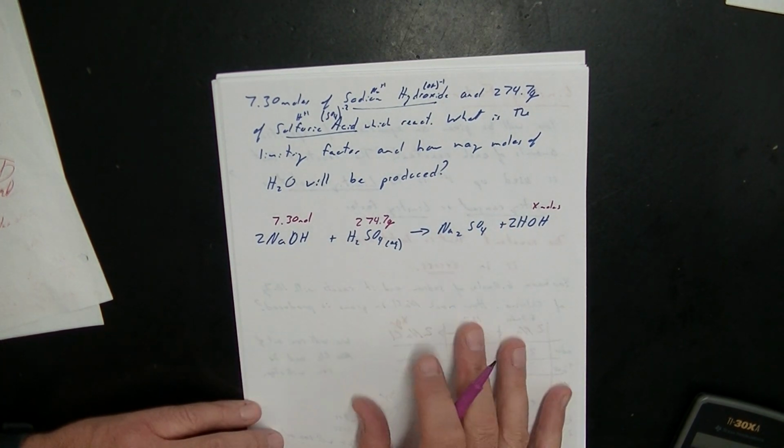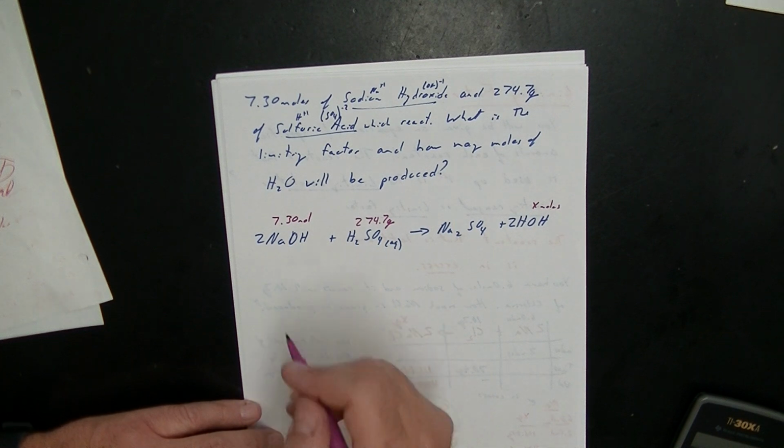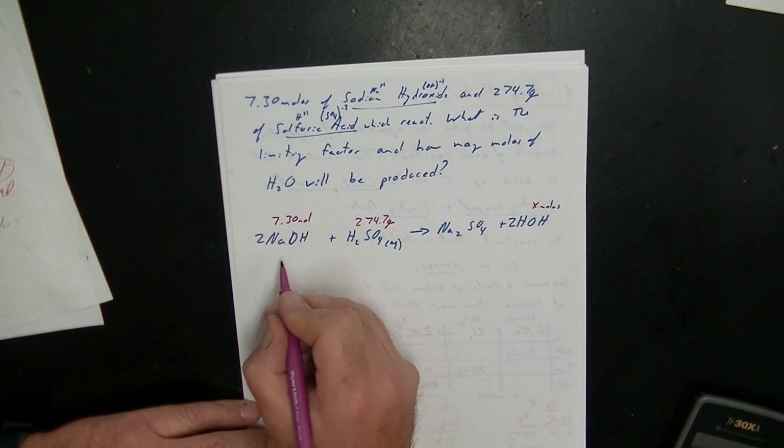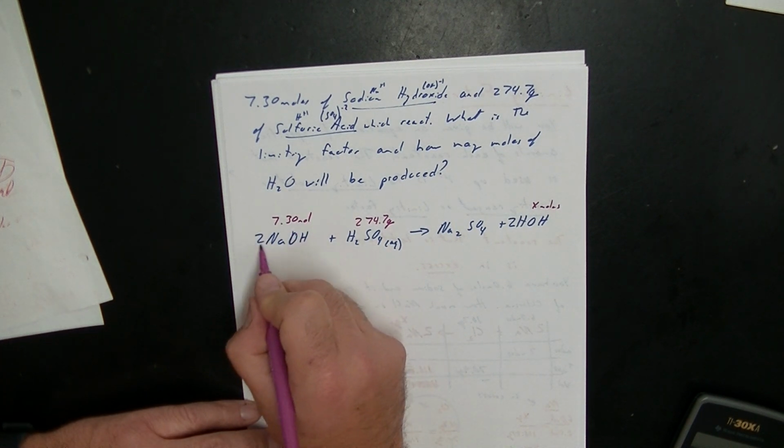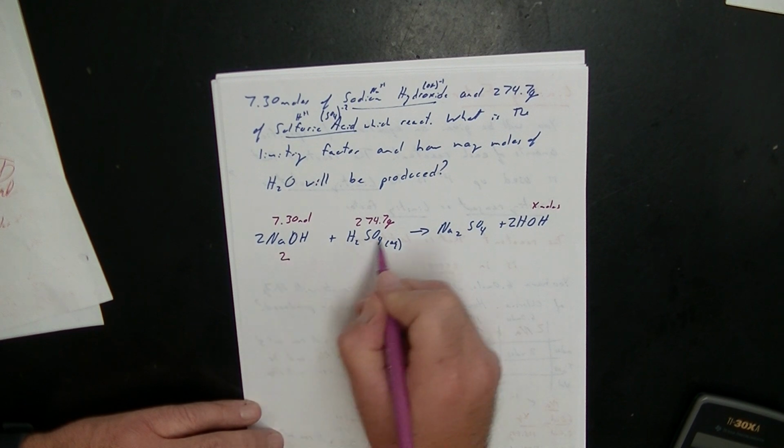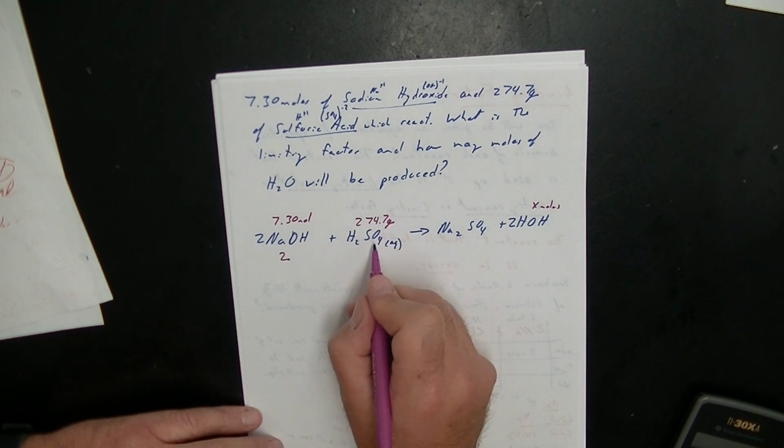Now again, you need to make the chart, but I'm to the point where I know I need moles. So for this ratio, it's going to be moles, which is 2. This one is in grams, so I need total mass of this.